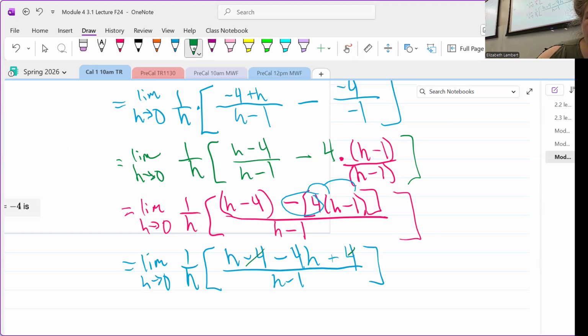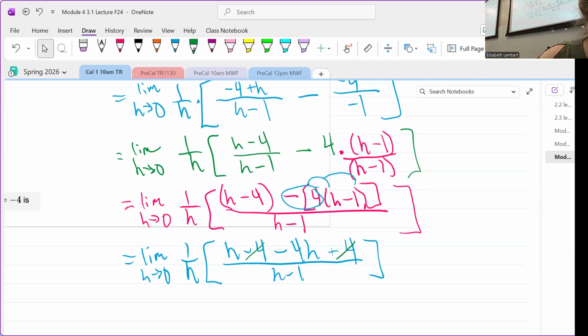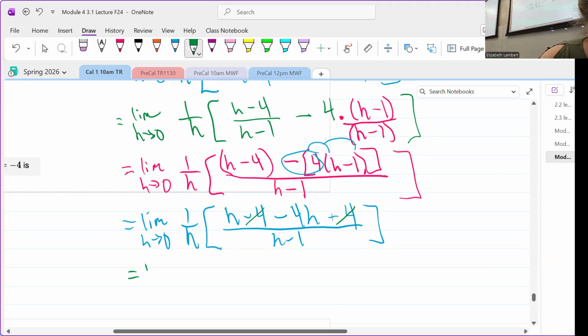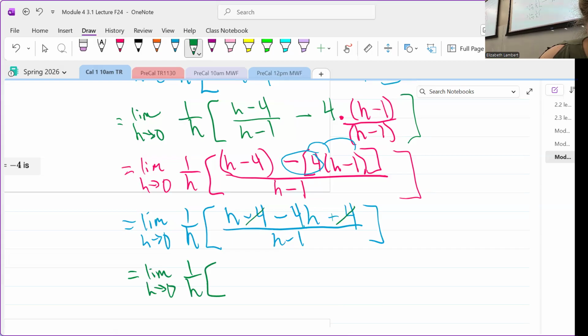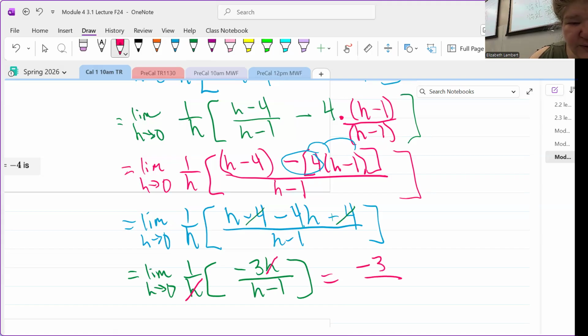So now that minus 4 and that plus 4 cancel out. So I just have h minus 4h. So that's negative 3h on top over h minus 1. And now I can plug in 0 for h now that I finally canceled that 1 over h. So this will just become negative 3 over 0 minus 1, which gives us a slope of 3.